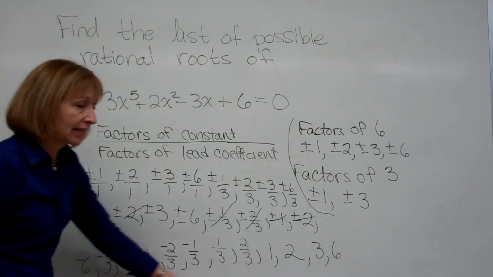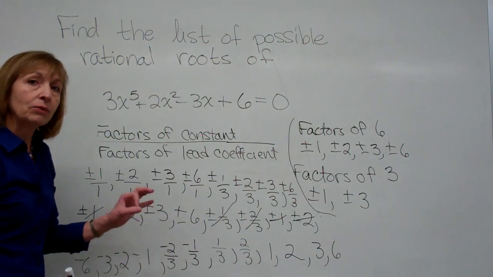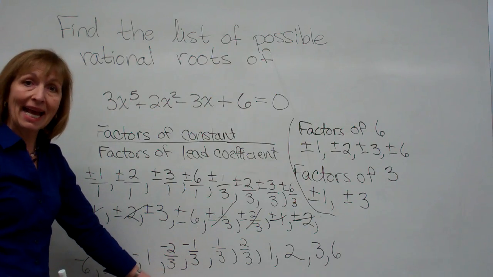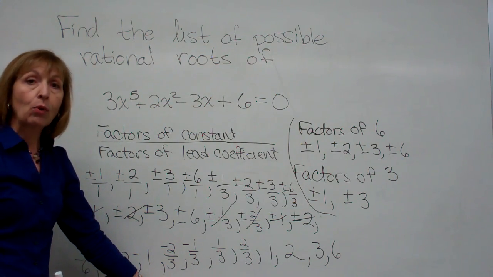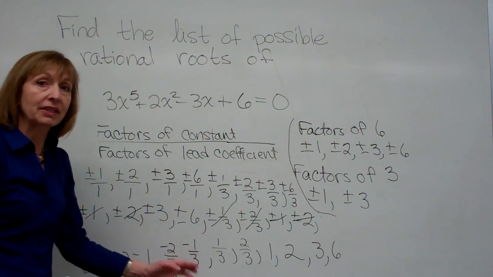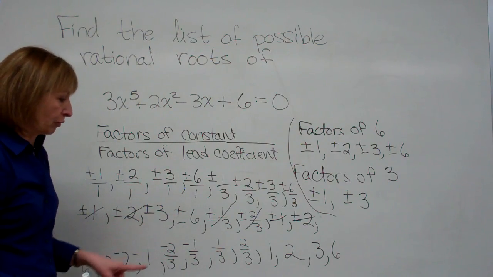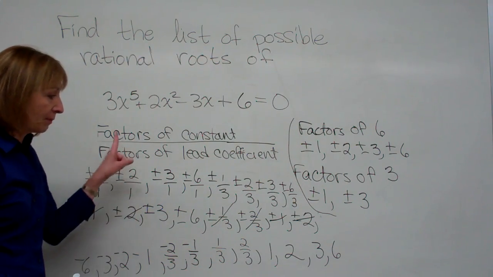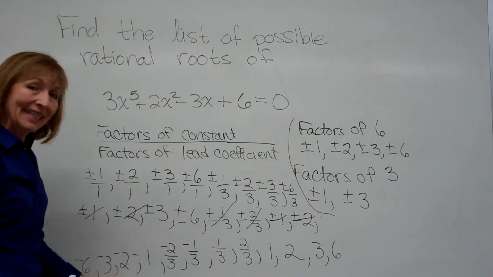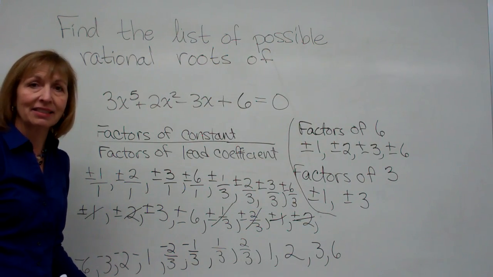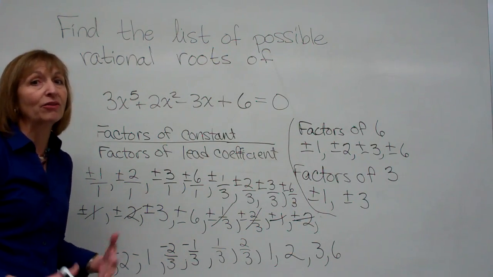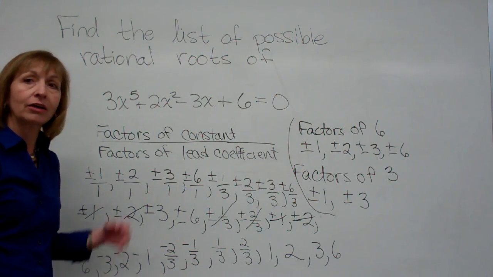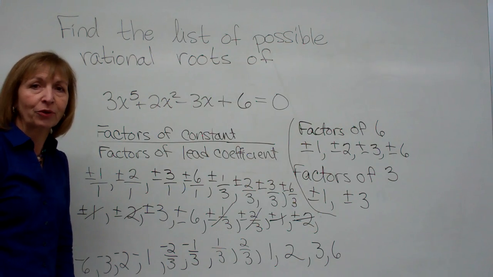So out of this list, if there's any rational number that makes this equation true, it has to be in this list. However, there are other numbers in this list that don't make it true. So I have to sort out which ones actually make my equation true. But at least having a limited list to check was better than not knowing at all where we should go to try to find the rational roots of this polynomial equation.